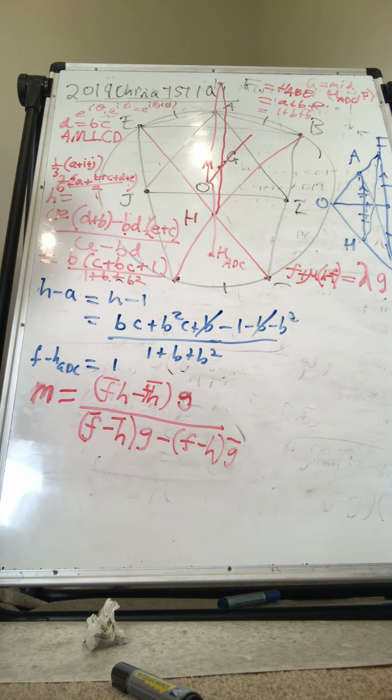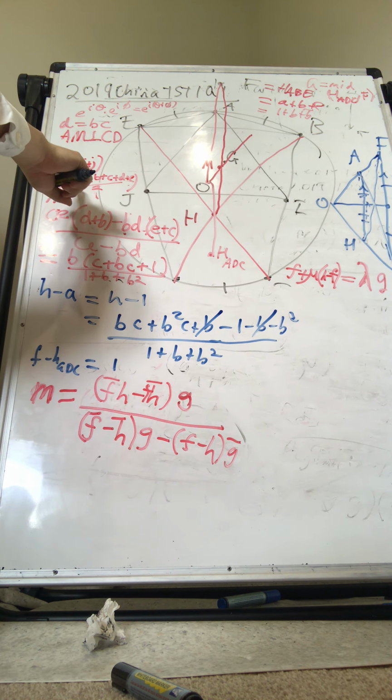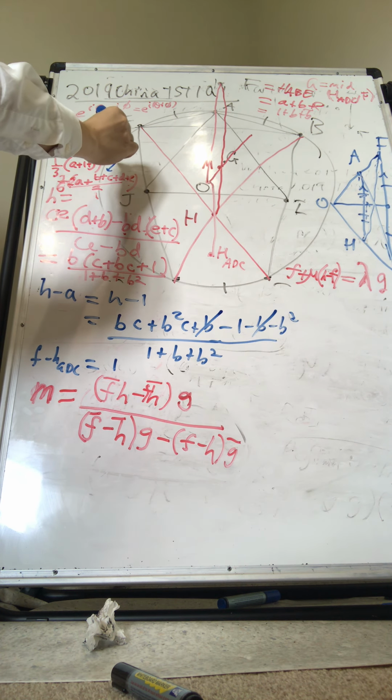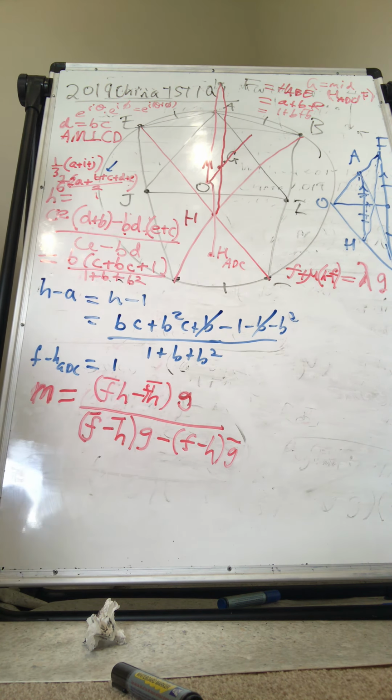Isn't it the orthocenter? It's not the midpoint. So it's A plus C plus D. Or A plus C plus DC.